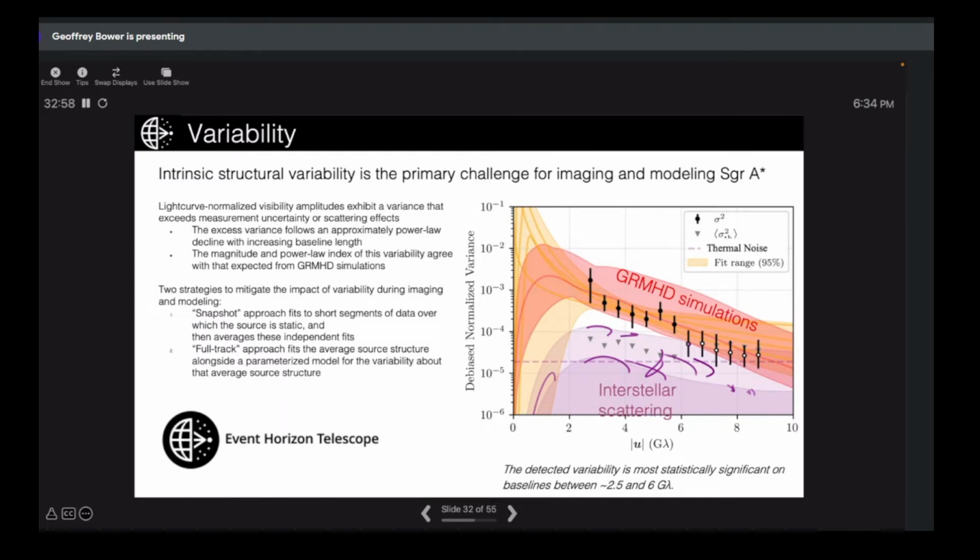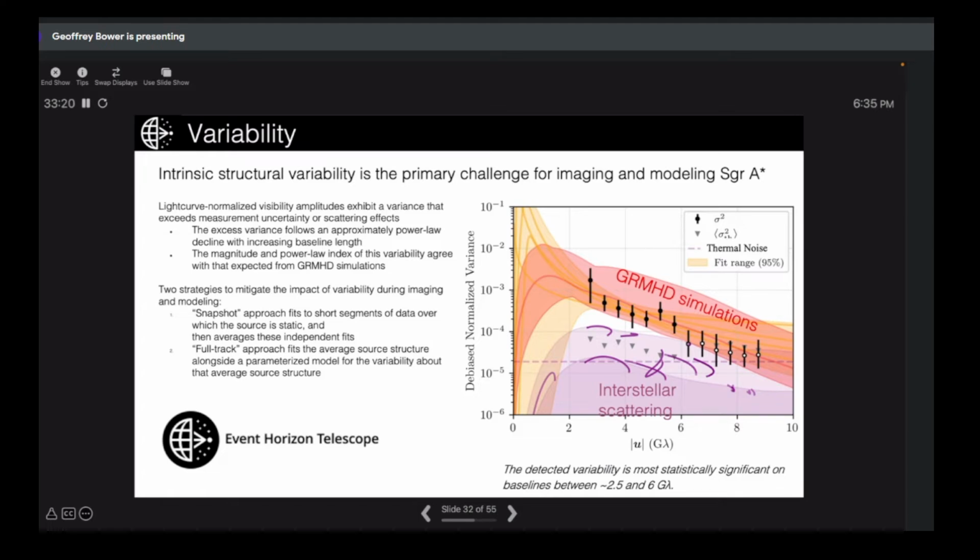That allowed us to create a prescription for how much noise we think gets introduced into the system by variability. And then we use that as a part of our imaging algorithms to essentially suppress the effect of variability.